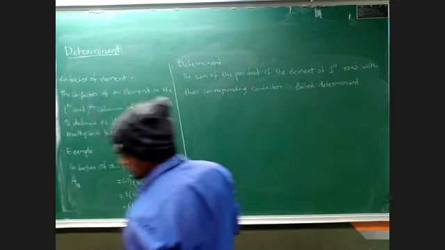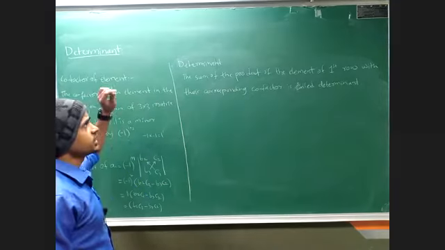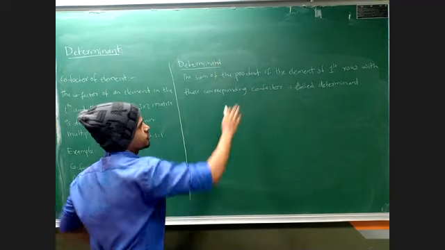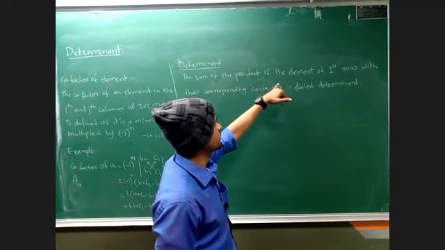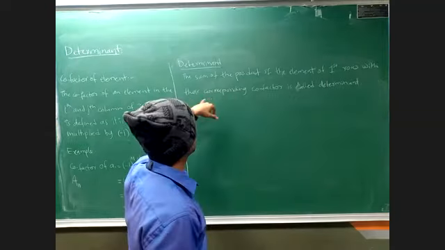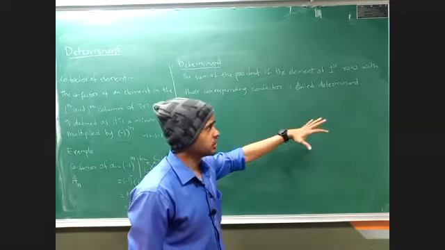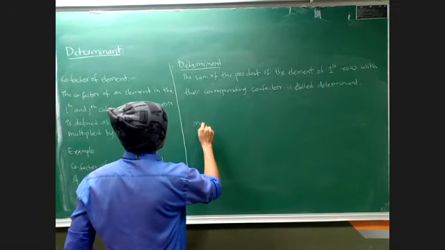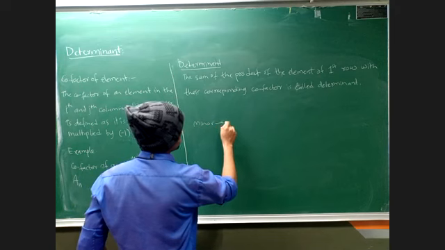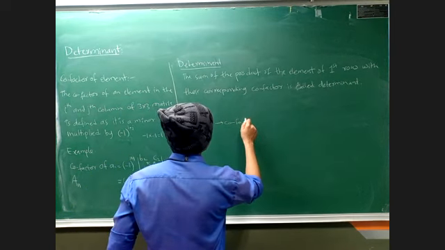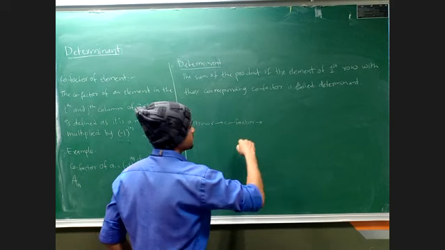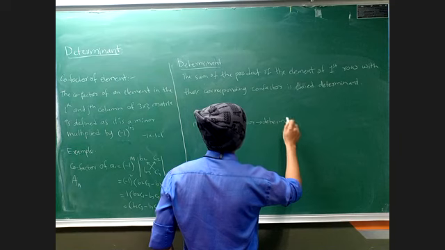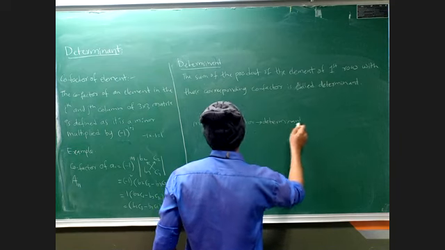So here you can see the definition of determinant that we are going to learn. Determinant is nothing but the sum of the products of the elements of the first row with their corresponding cofactors. So the minor is connected with the cofactor, and the cofactor is connected with the determinant.